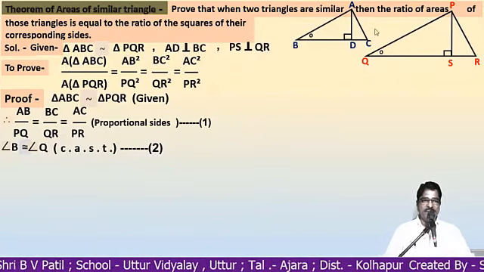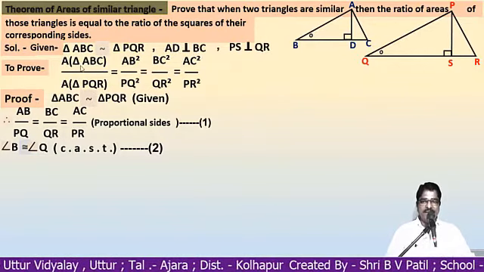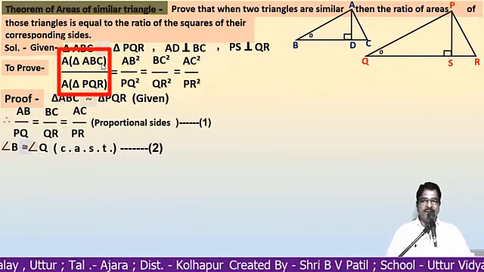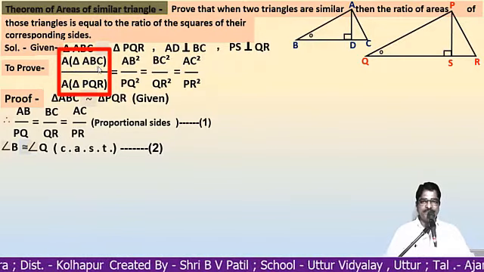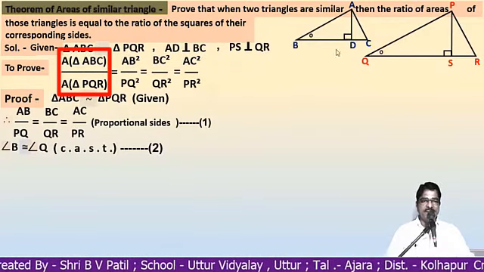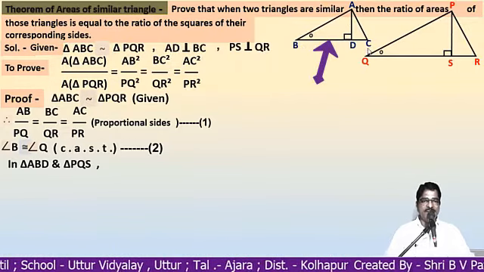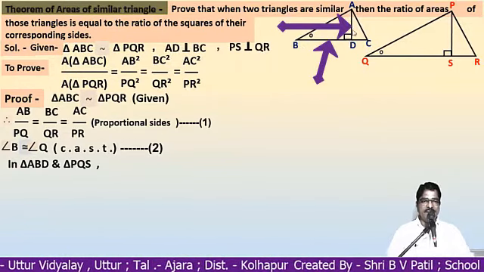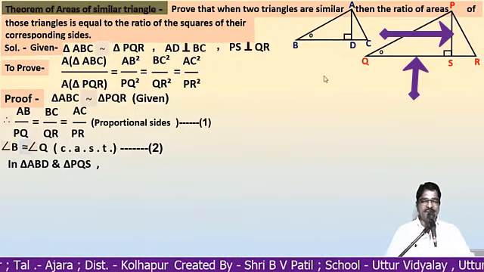Then for the ratio of areas of two triangles, tell the formula for the area of a triangle. That is 1/2 into base into height. Here base is BC and height is AD. Here base is QR and height is PS.